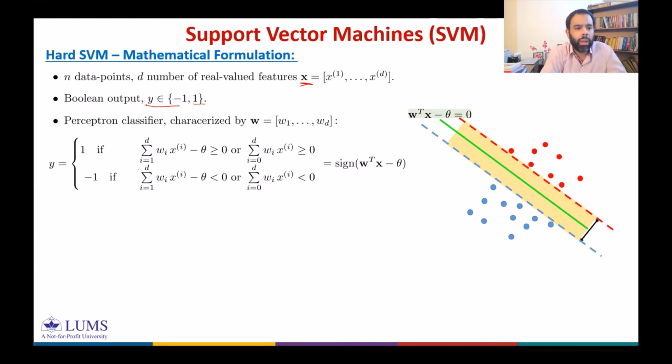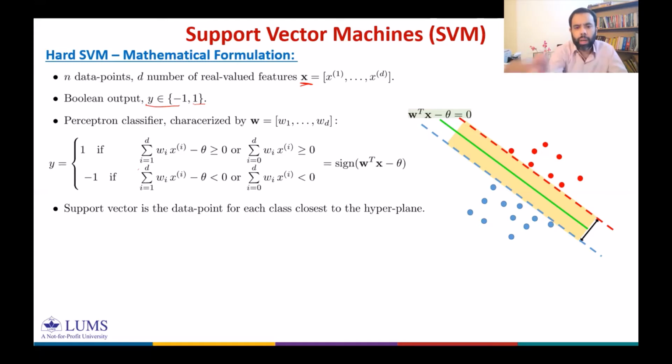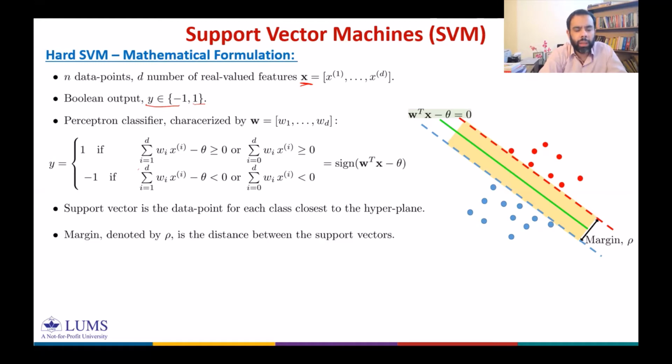right? Support vector is the data point for each class closest to the hyperplane. So here we have two support vectors. So this red point is a support vector for class 1, and this blue point here is a support vector for class -1. We also define margin, the distance between the support vectors, right?